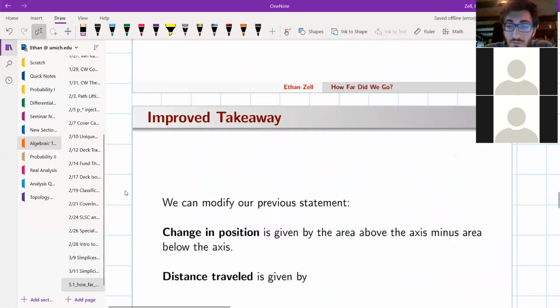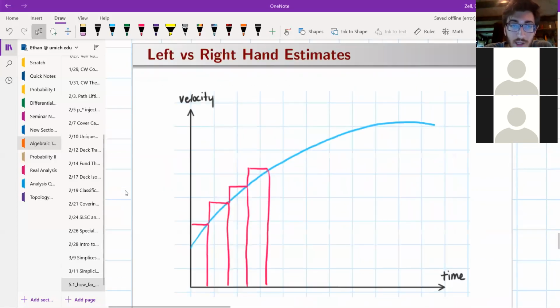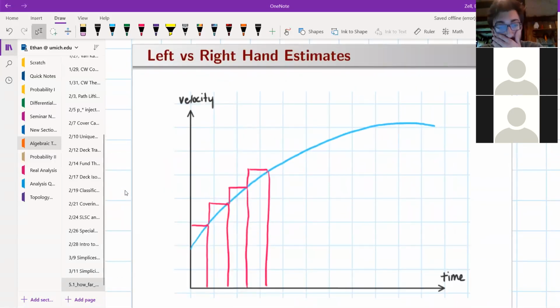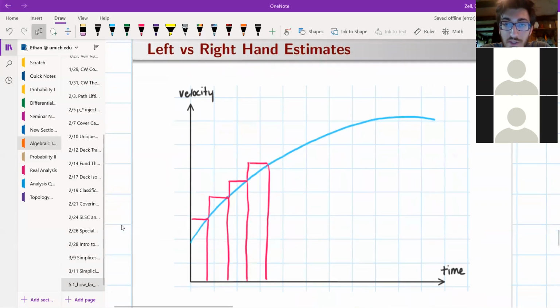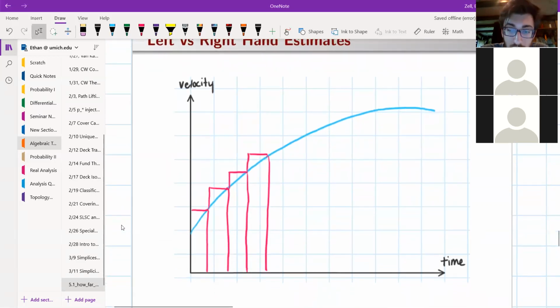So we address that here when we talk about left and right hand estimates. This is called a right hand estimate, where I take my estimation toward the end of my time. This is a subtlety, but it turns out that these notions are going to give us the same idea for an integral.